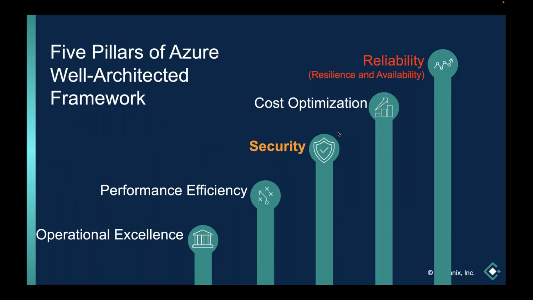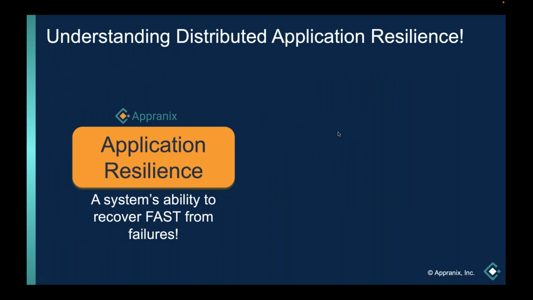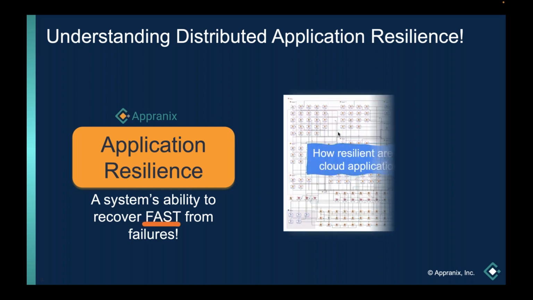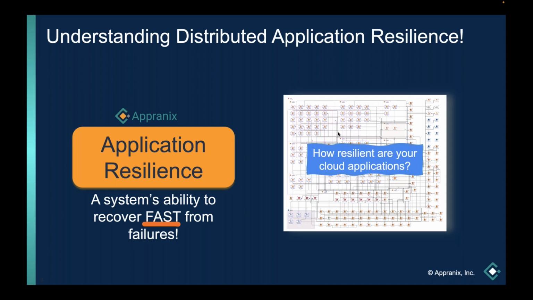documentation around it. Now, when it comes to application resilience, particularly distributed application resilience, we are talking about an application that appears to be like this. It could be as complicated as shown here, or it could be a simpler form.